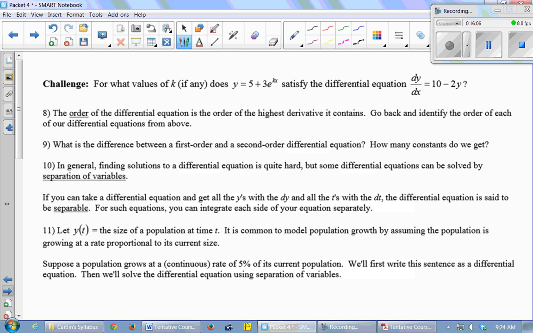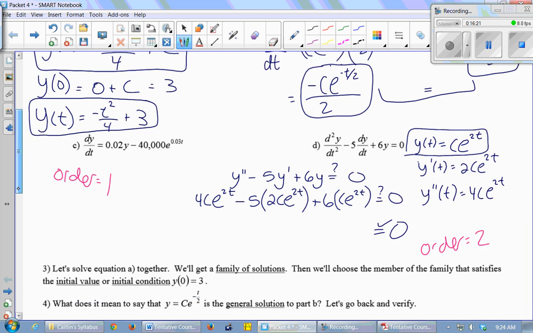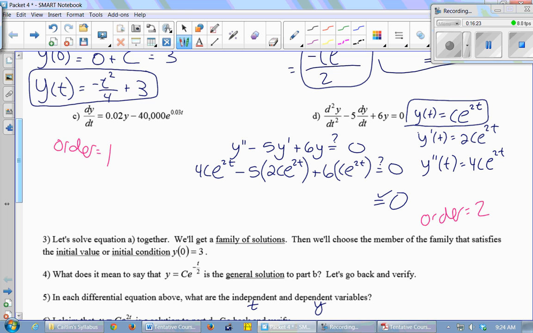All right, so if you're solving a first order versus a second order differential equation, when you have a first order differential equation, you're always going to have one constant, right? Because when you take an antiderivative, you always have the plus c. For a second order differential equation, you get 2 constants, because you're going to end up taking 2 antiderivatives. That's why the c is there, and there was also the r thing to deal with.